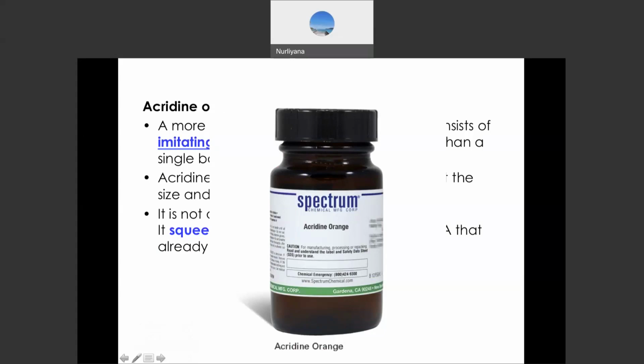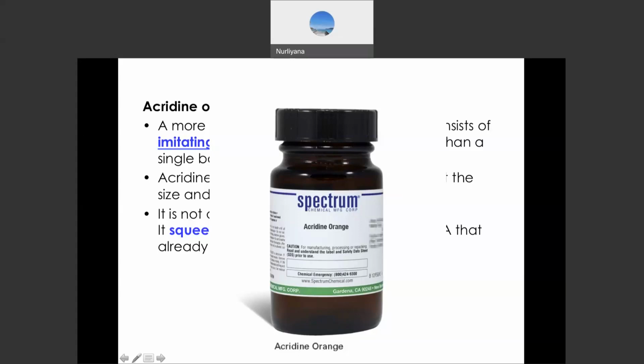MSDS is a safety data sheet, SDS. This SDS can usually be easily found through Google, because people are sharing this data sheet.